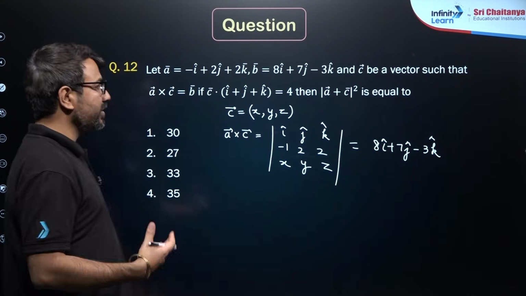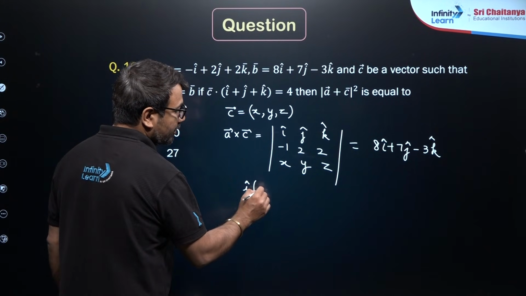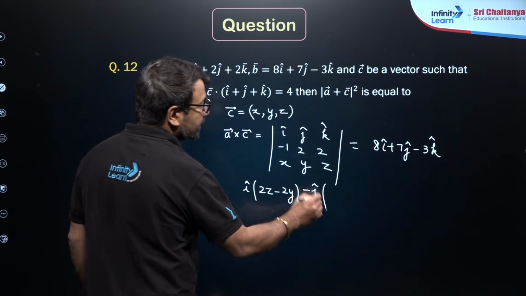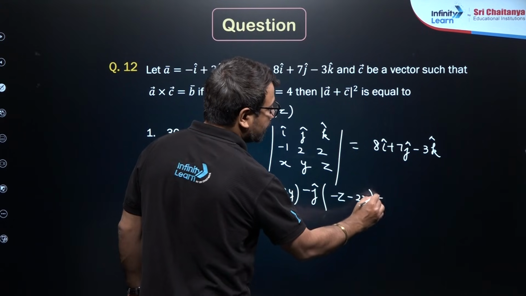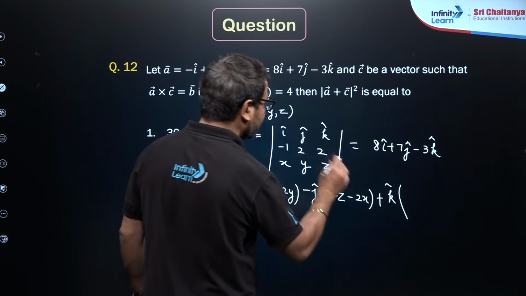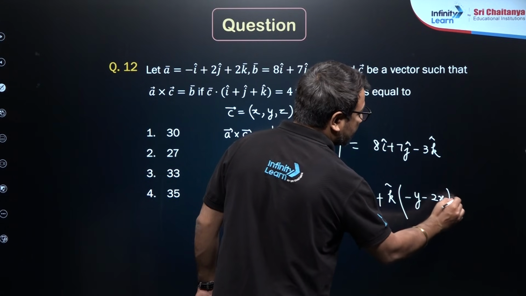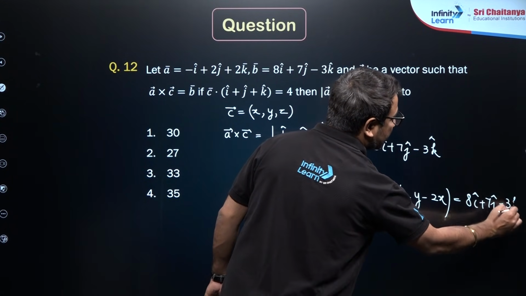Now you do the cross product. So you will see with i cap it is getting 2z minus 2y. With j cap it is getting minus z minus 2x. And with k cap it is getting minus y minus 2x. And here you have 8i, 7j, minus 3k.